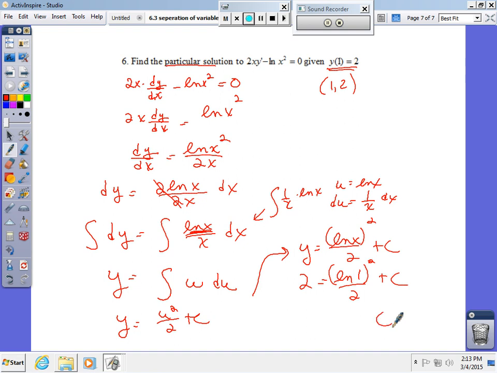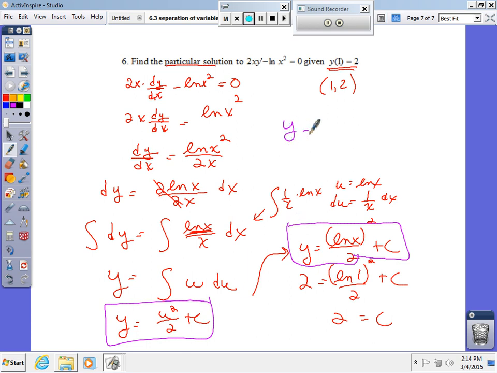When I do the math for that, I get c equals 2. And now for my particular solution, I plug it back in to figure out c. So it's going to be y equals the ln of x, the whole quantity squared, over 2 plus 2. And that is your final equation.